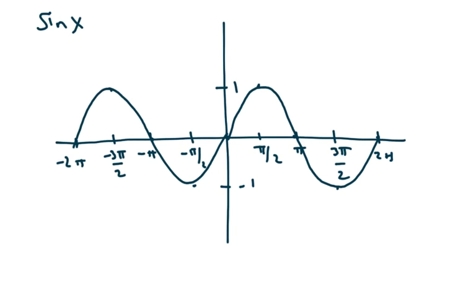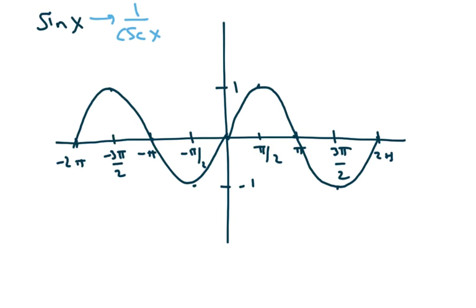In order to look at the graph of cosecant, we're going to refer back to the graph of sine. So this was 2 periods of the graph of sine. Remember that secant is 1 over cosine, and cosecant is 1 over sine.